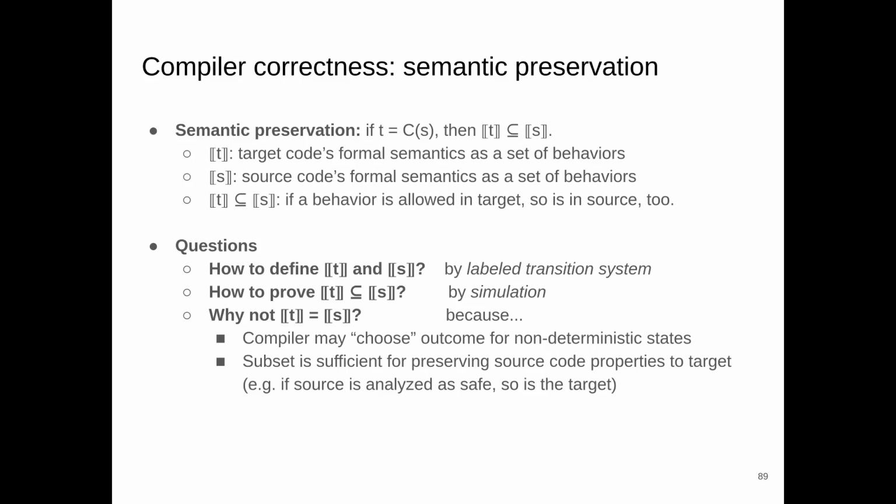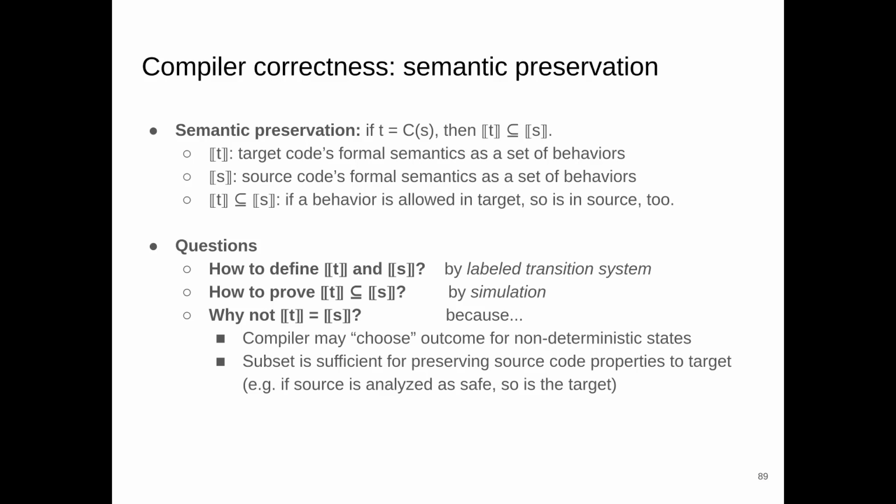So I'd like to start with the definition. As I said in the previous video, we really need to make sure that each optimization guarantees semantic preservation, or the target semantics being preserved via optimization from a source to a target.